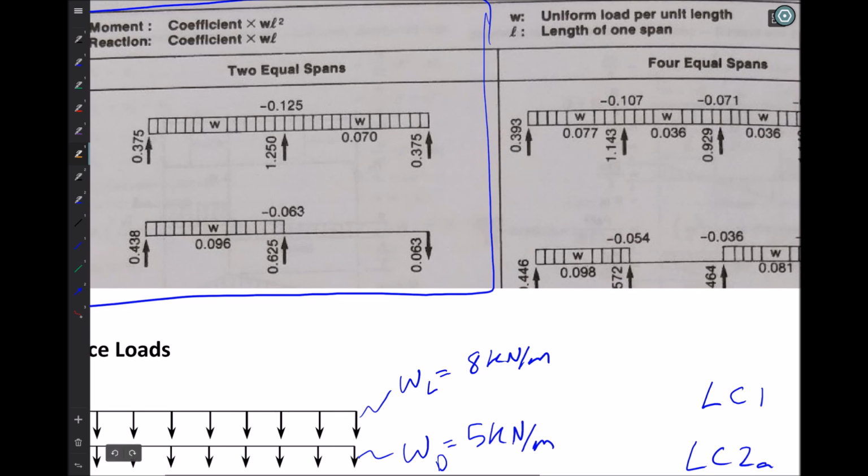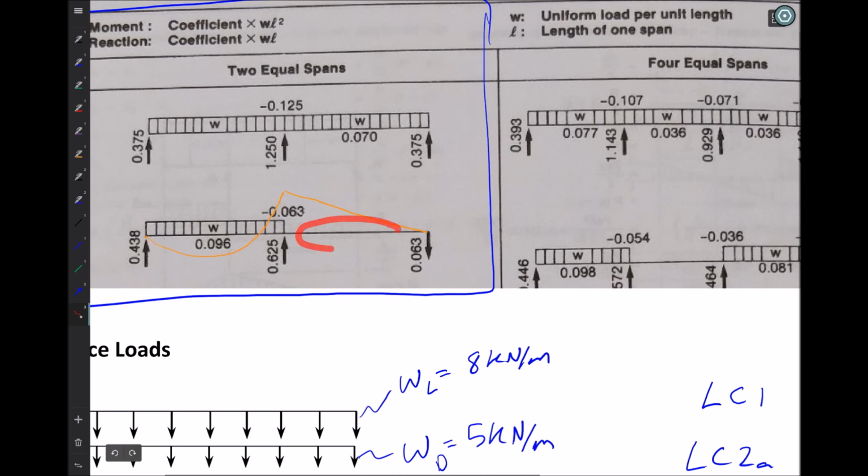So in doing so, I would end up with a moment diagram for this problem that's going to look like that. I have over here a parabola, and I know that to be a parabola because I have a UDL, which causes a linear shear diagram and a parabolic moment diagram.